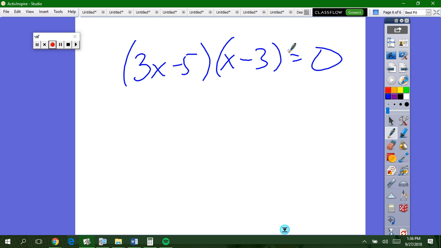This is a number, and that's a number, because as soon as I put x in, that will make it a number, correct? When you're multiplying 2 numbers, how do you get to a 0? One of them has to be 0, right? So what value makes this binomial 0?